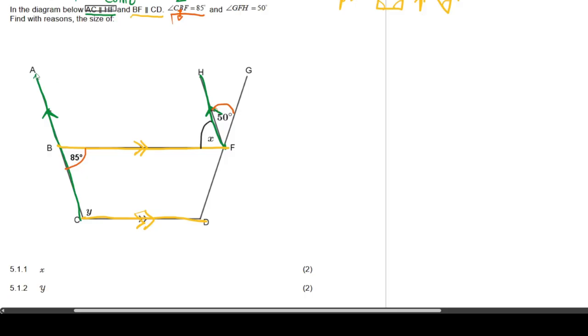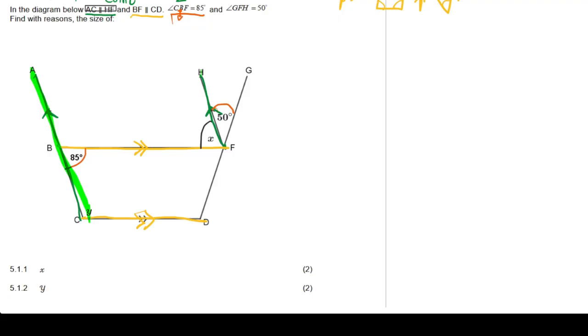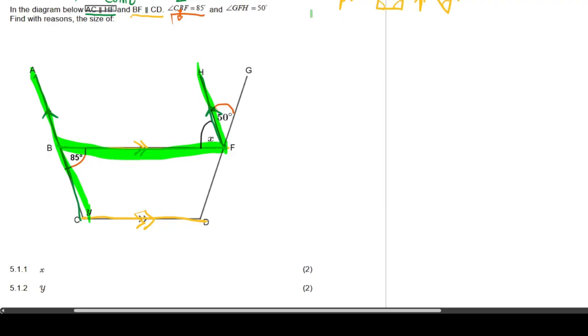That's corresponding. So here's this line, there's this line. Can we make an F? No, we can't make an F, but we can make a U. All right, interesting. Okay, so we can make a U.